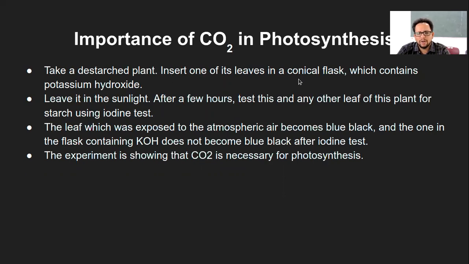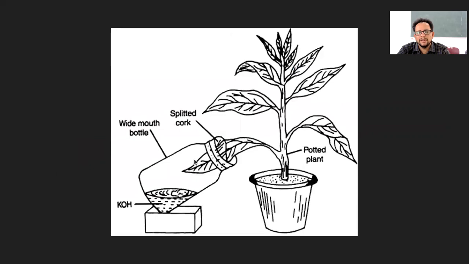So you take a conical flask, you insert the leaf into the conical flask, and you seal it. So now it is a sealed conical flask or bottle, right? Within this conical flask there is potassium hydroxide solution. Now the potassium hydroxide reacts with the carbon dioxide and forms a turbid solution, right?